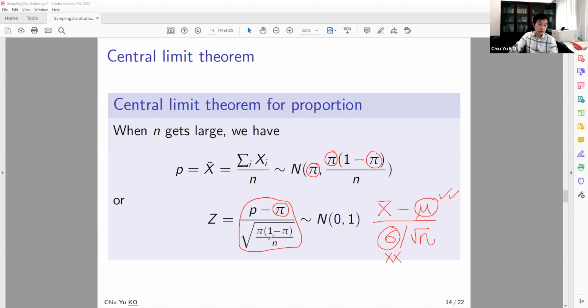But for this case, we just need to know this one, and it already gives us the answer. So our life is much easier for proportions than for the usual sample mean, because the variance can be estimated once we estimate the sample mean. That's why we separate the proportion as a special case: it has some special features. Is that clear? This is just a special case where x is just 0 and 1.